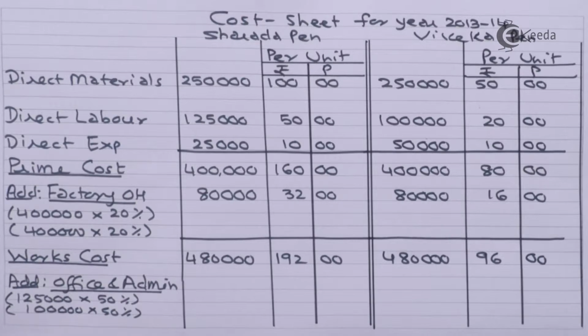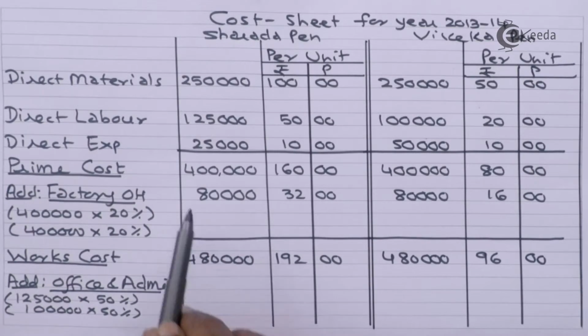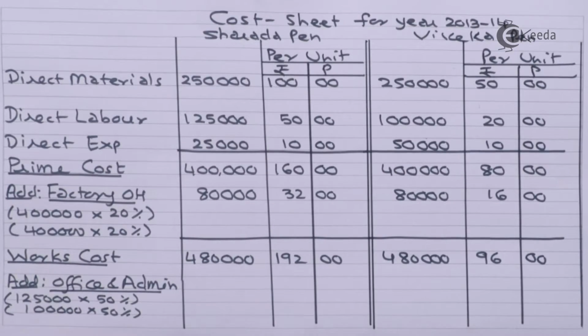In case of Sharda pen, direct labor is 1,25,000. We will be taking 50% of it.